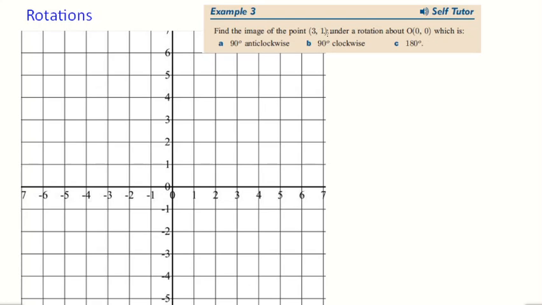So it's (3, 1). So x is 3 and y is 1. So my point, let's say point P, is here, (3, 1). Now on part A, our point is going to be rotated about our origin through an angle of 90 degrees anti-clockwise.